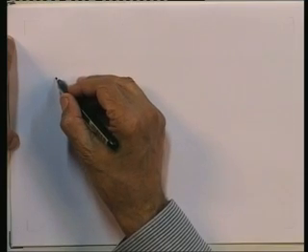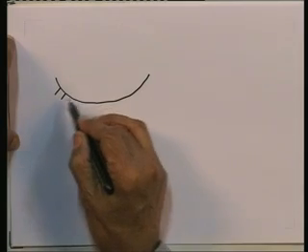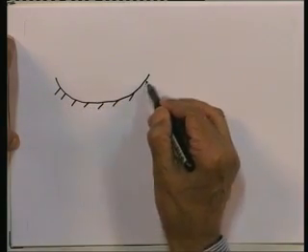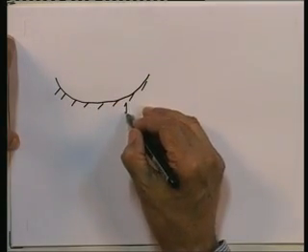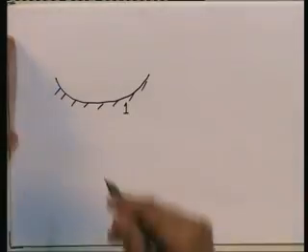Suppose I have a surface like this, a concave surface like this, surface 1. This is my surface 1, all right. It is concave like this, emitting radiation.